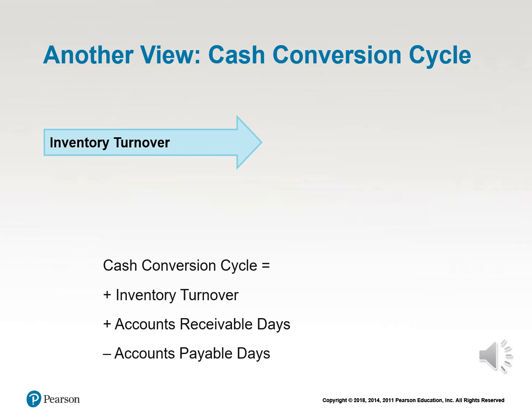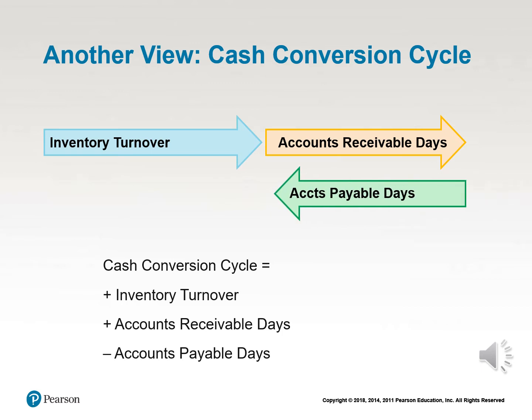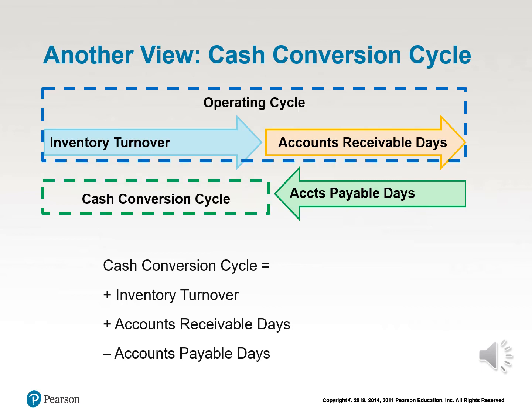The number of days it takes to collect from our customers, that's the accounts receivable days ratio. And the number of days it takes us to pay our suppliers. That's accounts payable days. These three pieces together create the cash conversion cycle, or the number of days it takes a dollar bill to cycle through the business on average.